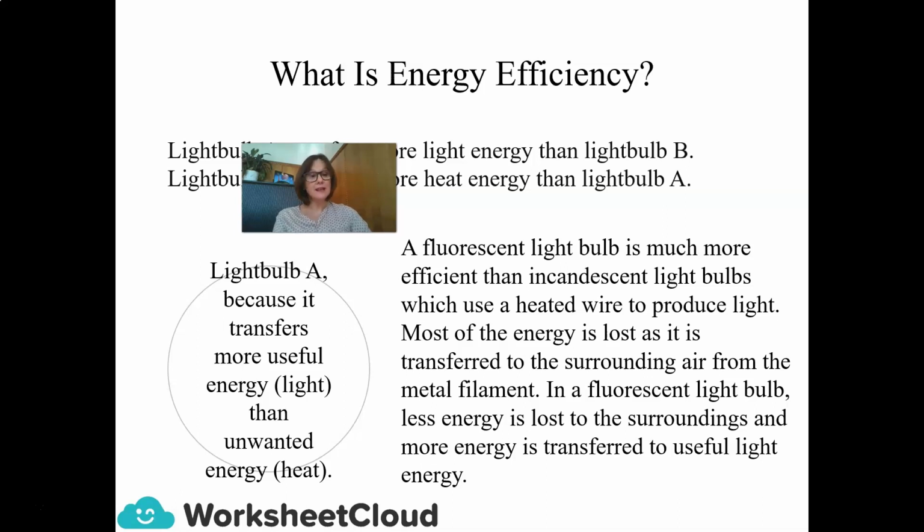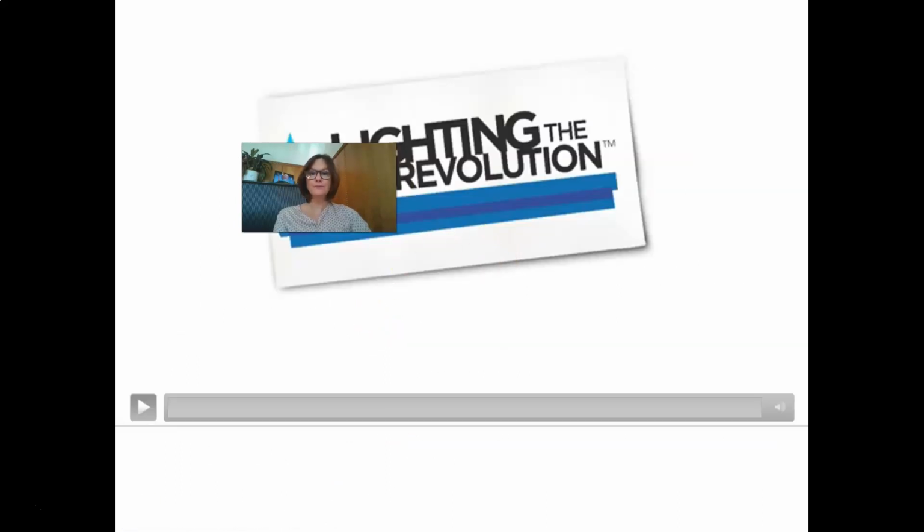In a fluorescent light bulb, less energy is lost to the surroundings and more energy is transferred to useful light energy. So obviously you would want to go for light bulb A because it transfers more useful energy than unwanted energy, wasted energy in the form of heat.